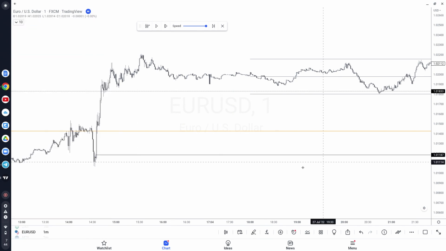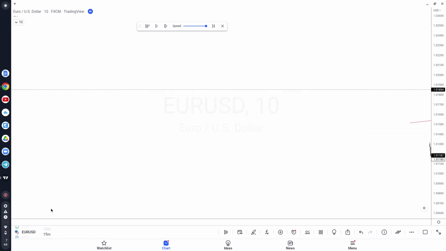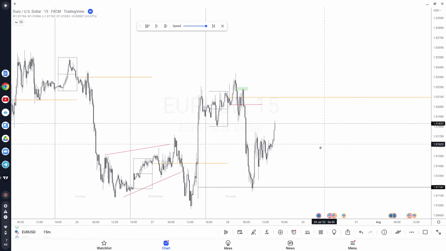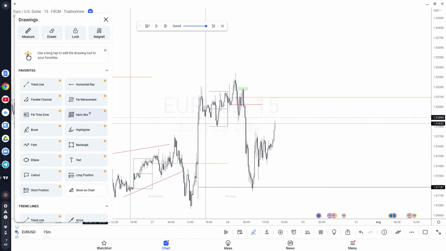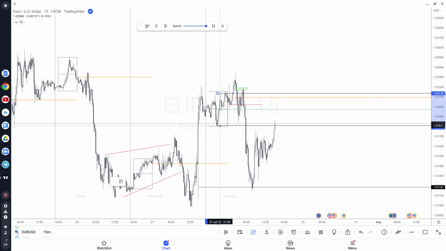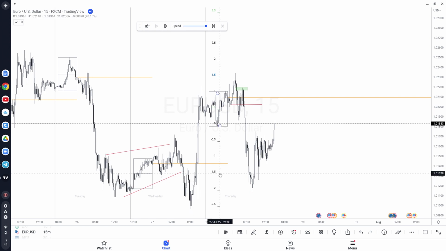Completely filled in this imbalance, and I'll show you the standard deviations here. Right, see that? Right to 2 standard deviations of the Asian range. Bingo. It aligns with a 1 minute fair value gap.